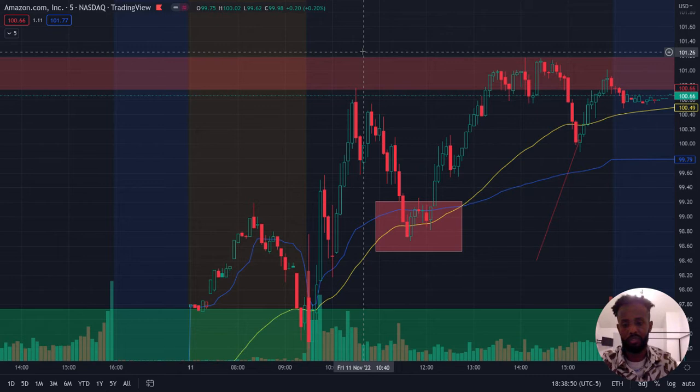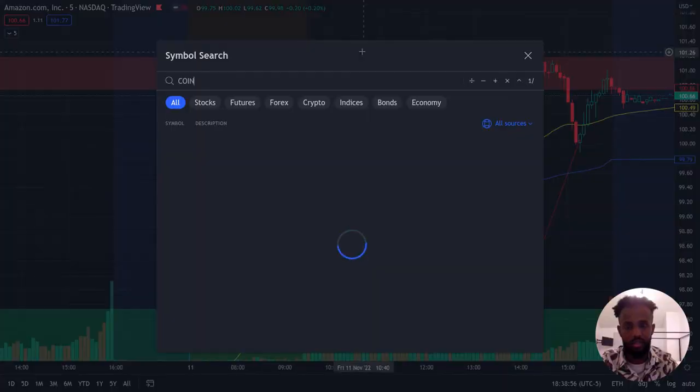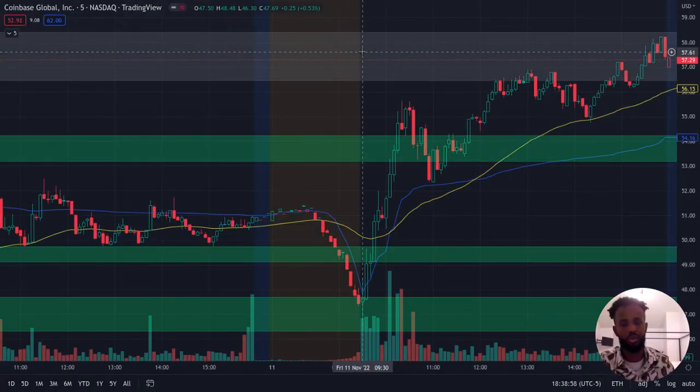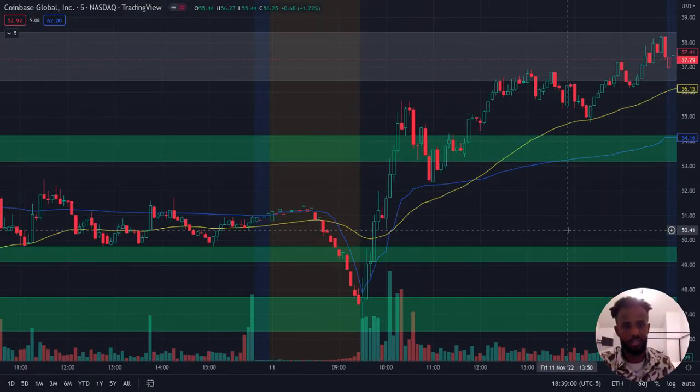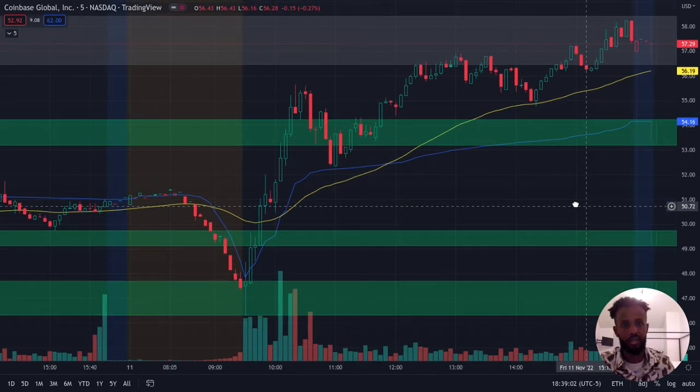So this was Amazon. Let's see if there were any other trades. I think Coinbase was one of the leading stocks to trade today.